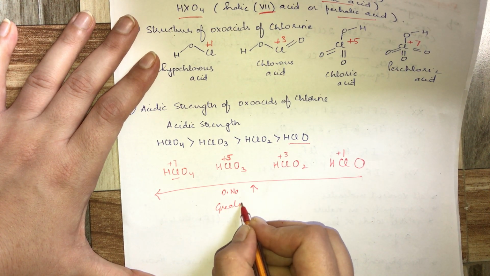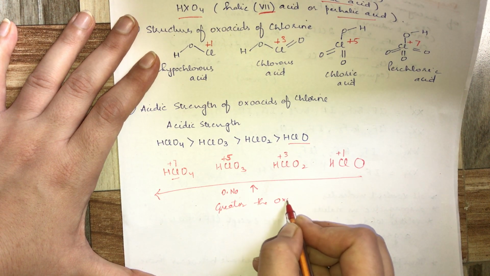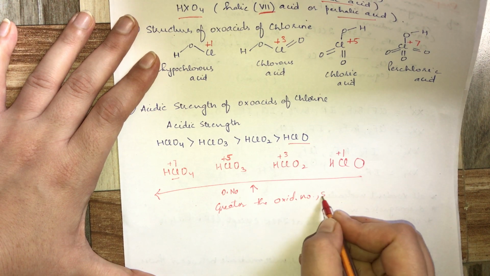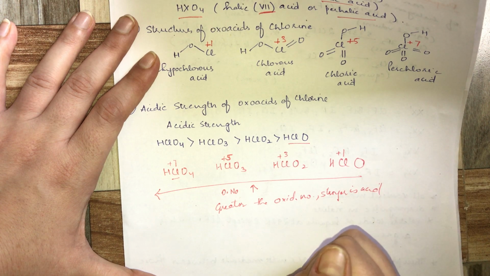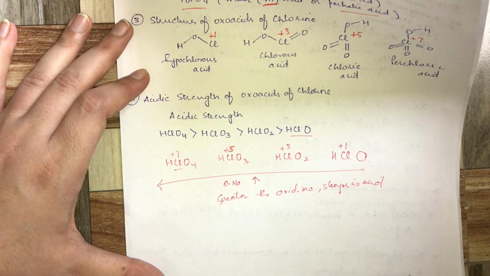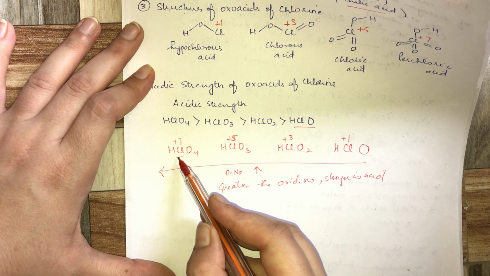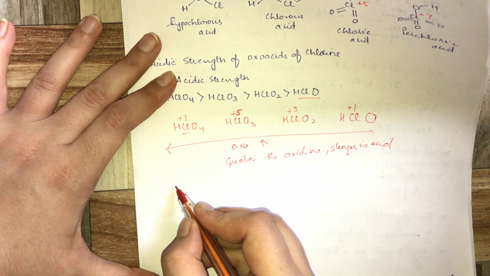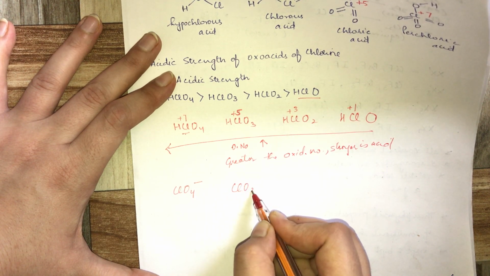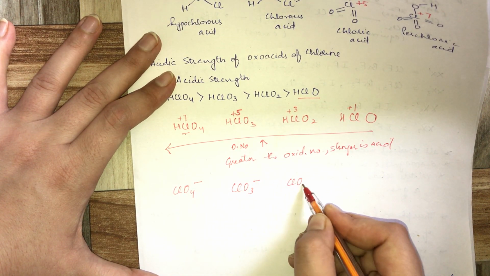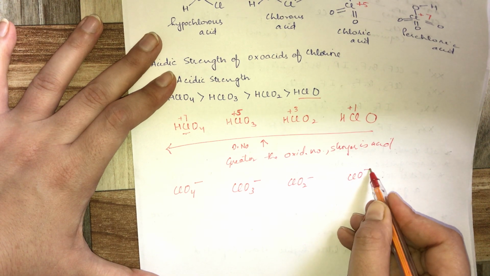Greater the oxidation number, stronger is the acid, right? Moreover, on losing H positive, what will this form? ClO4 negative, ClO3 negative, ClO2 negative, and ClO negative.